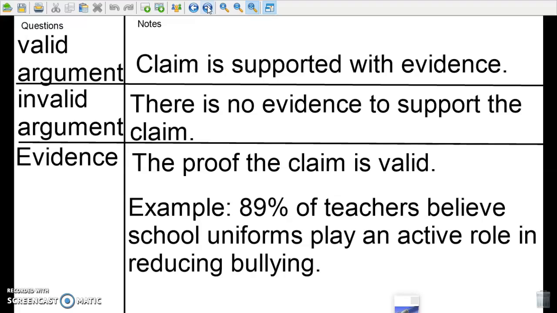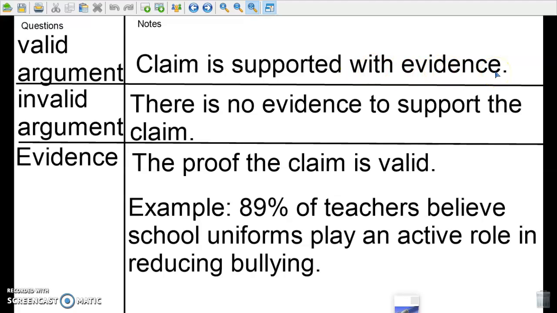The next slide has more vocabulary. Once again, on the question side, you're going to put the words valid argument, invalid argument, and evidence. And on the note side, you'll put the definitions. A valid argument is a claim that is supported with evidence.